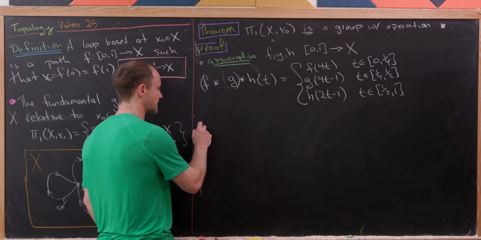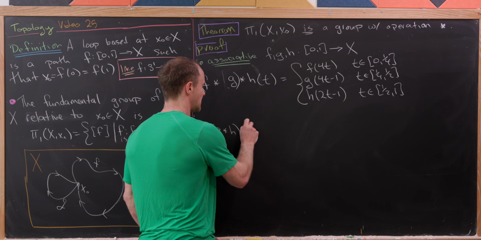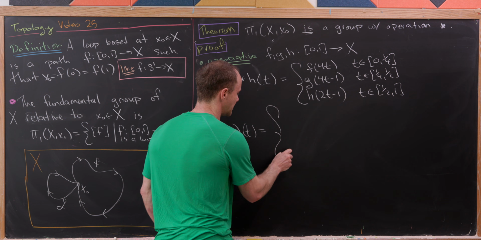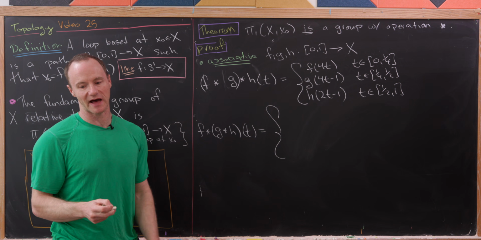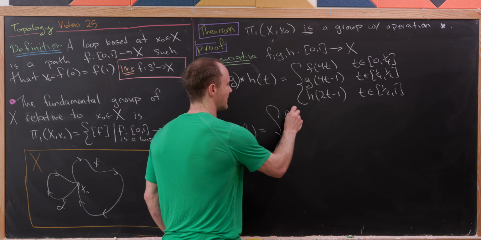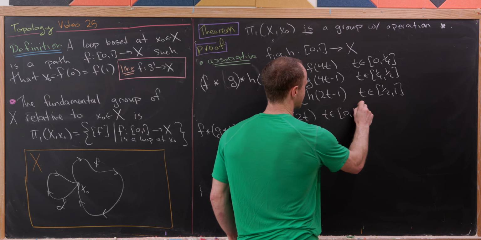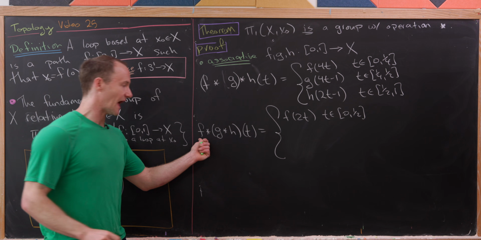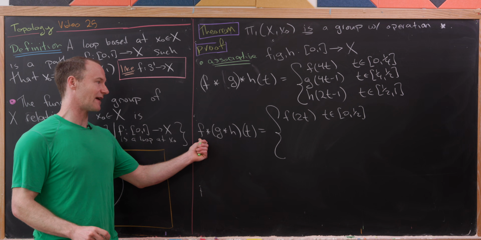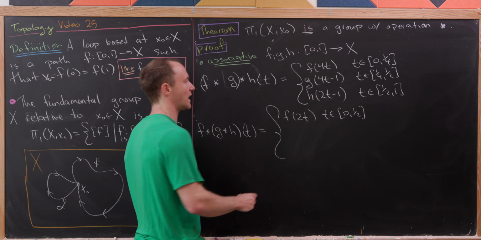Okay, so now let's compare that to f star g star h. And then I'll just write that down. Again, you can work out the details. It's not too bad. I think these are kind of clear. So let's see, that's going to be f of 2t when t is from 0 to half. So notice that here, the interval for f was only halved once, but the intervals for g and h will be halved twice.